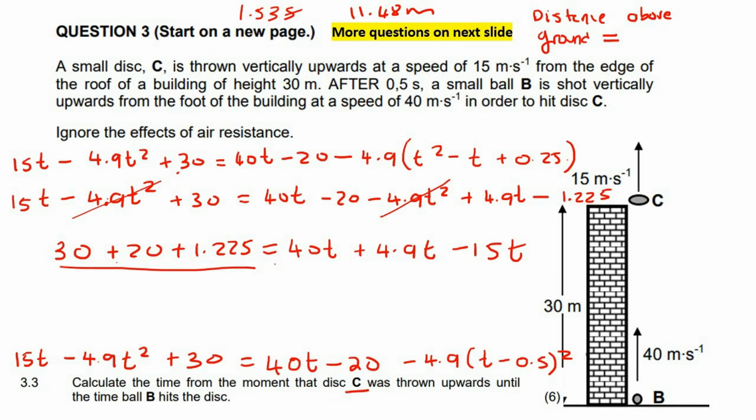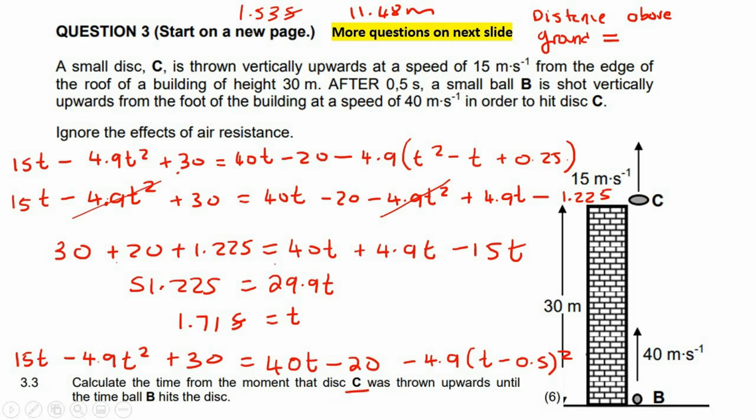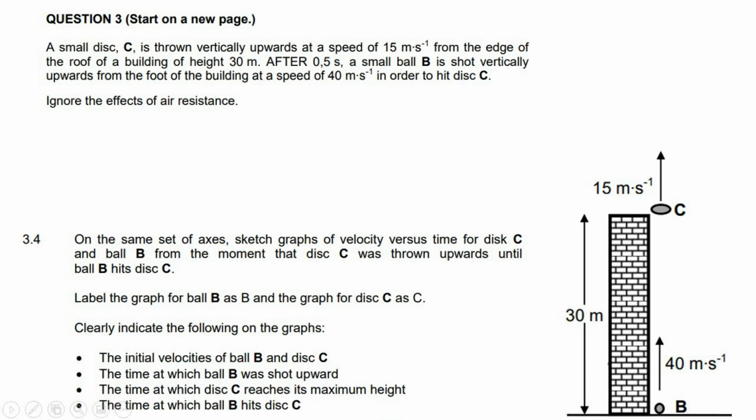And so if we now work this out, you'd get 51.225, and on this side, 29.9t. If you divide both sides by 29.9, you get 1.71 seconds as our final answer. That was a good one, guys, but we still have another one coming up. I'm hoping that wasn't a confidence knock.